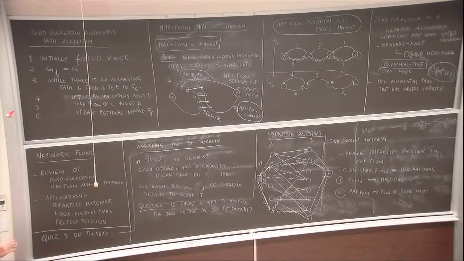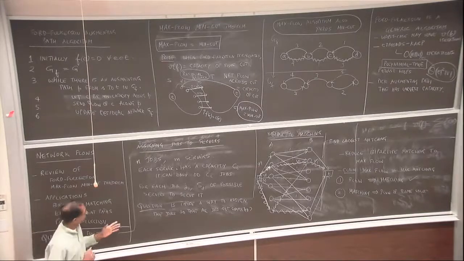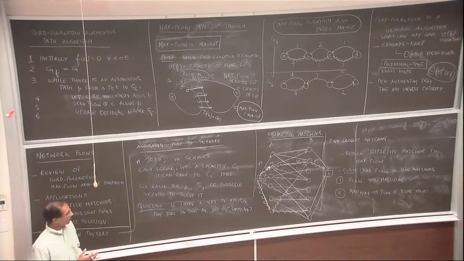Okay, again, is the question clear? You have n jobs, m servers. Each server has a certain capacity. Each job has only a certain subset of the servers it can go to. And is there a way to assign? How will you solve this using network flows?